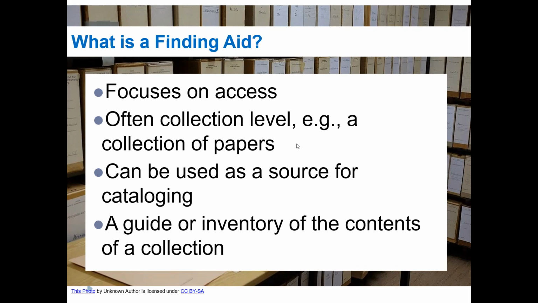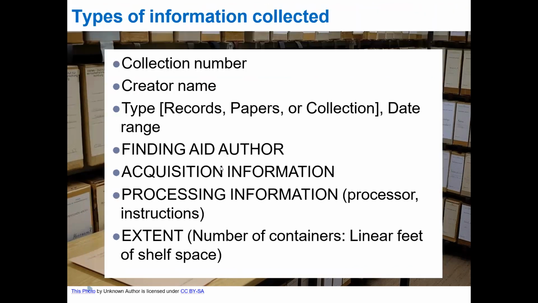So a lot of times a good finding aid will tell you that there's a paperweight in there, there's a book signed by someone famous, there's 15 letters, that kind of thing. It's going to go through the list, but it's not going to give subjects to each one of those resources, and it's not going to be a full description of each resource. It's going to be a summary of that collection.